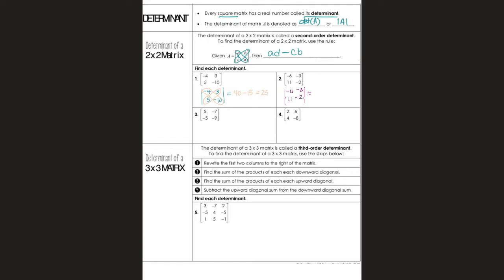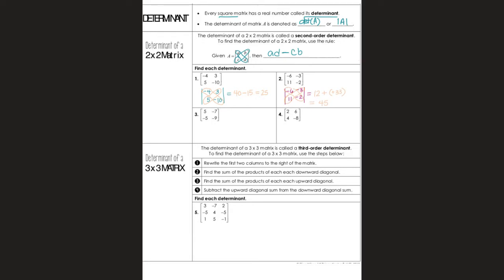So in doing so, you're going to say -6 times -2. That's positive 12 minus -33. And I would put in the minus the negative just so that you keep your signs separated and you see what's going where. And so that does become plus a positive, and that's going to give you 45.